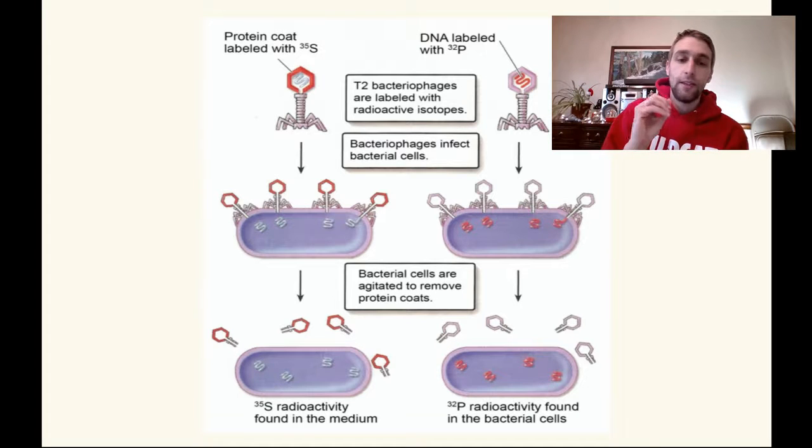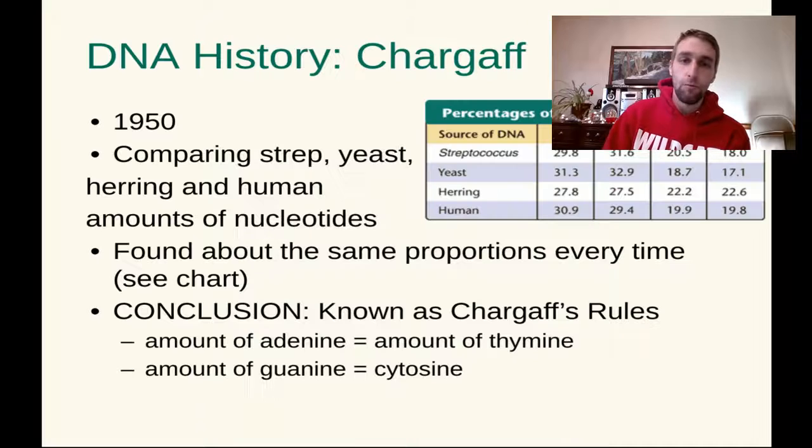So that meant the part of the bacteriophage virus that was actually entering the cell, that was causing it to change, get infected, change its genetic information, was the DNA, not the proteins. So this confirmed that DNA was the genetic material.